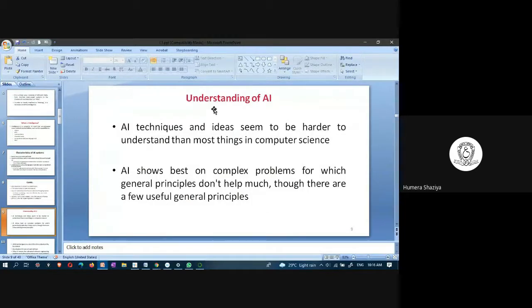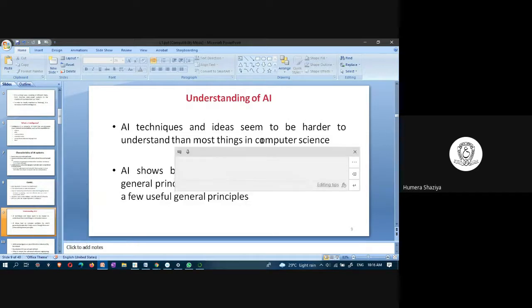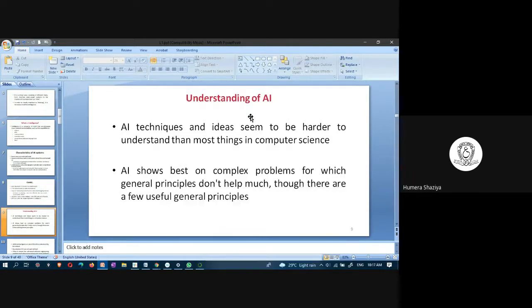Moving on to understanding of AI. AI techniques and ideas seem to be harder to understand than most of the other things in computer science. Other computer science topics are data structures, programming languages, database management systems.